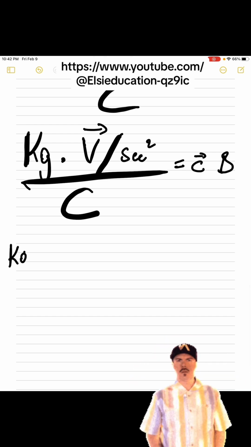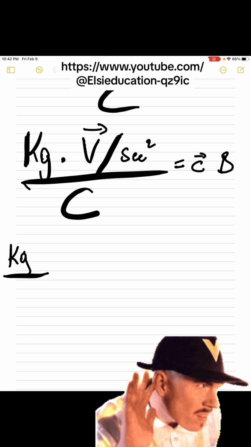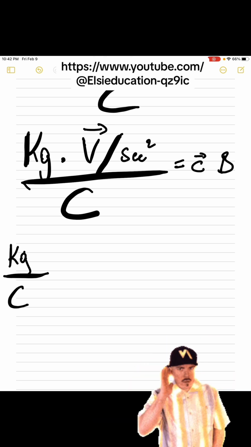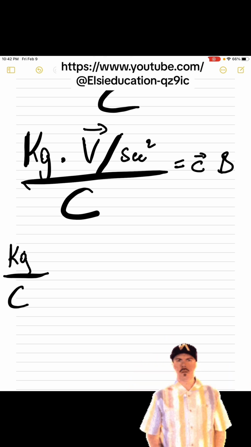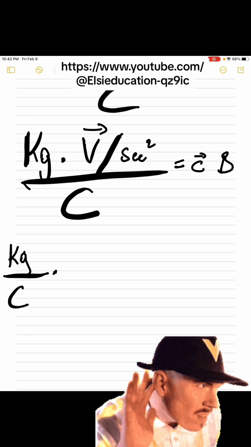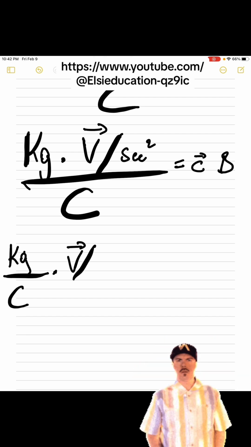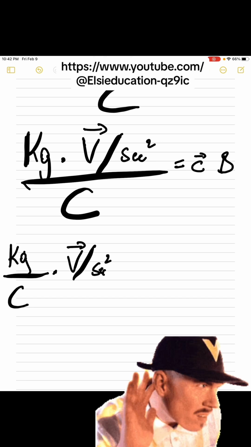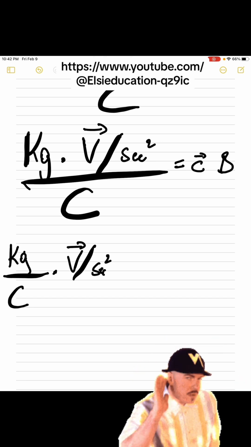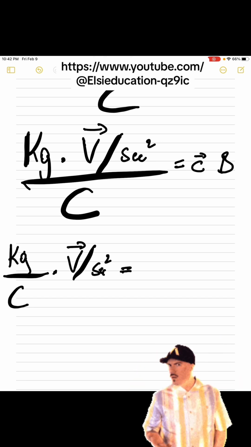So kilogram divided by Coulomb multiplied by speed divided by second square is equal to the speed.